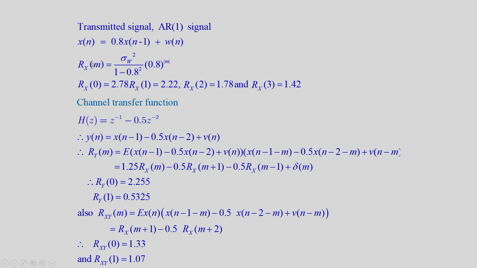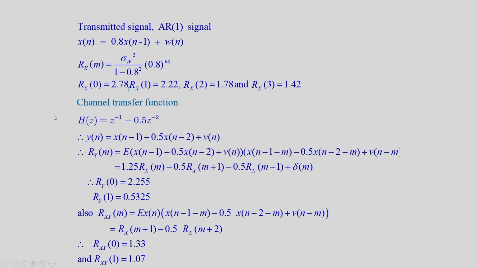We know that the autocorrelation function, which was derived from the Yule-Walker equation, is given by Rx(m) = sigma_w^2 / (1 - 0.8^2) times 0.8^m, and here sigma_w^2 is equal to 1. So, if we carry out the calculation, we will get Rx(0) = 2.78, Rx(1) = 2.22, Rx(2) = 1.78, and Rx(3) = 1.42, like that.